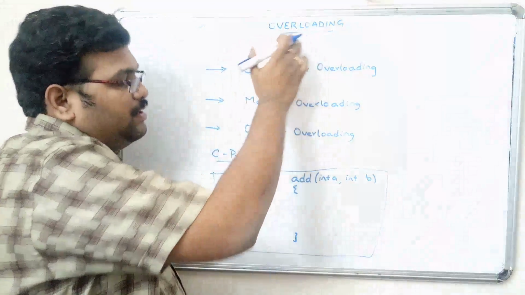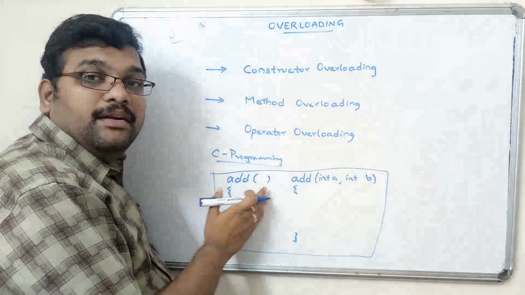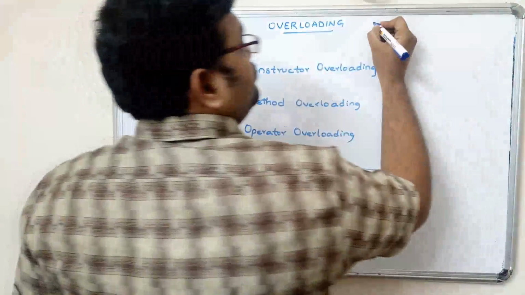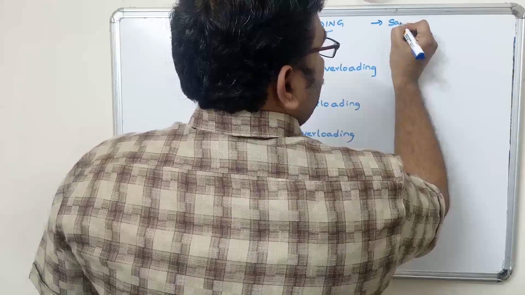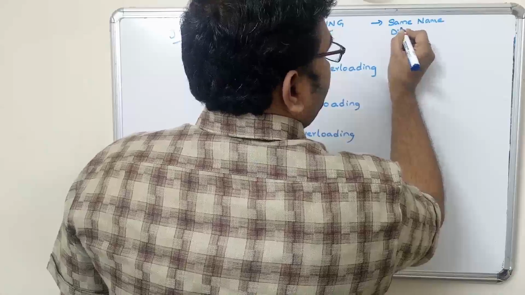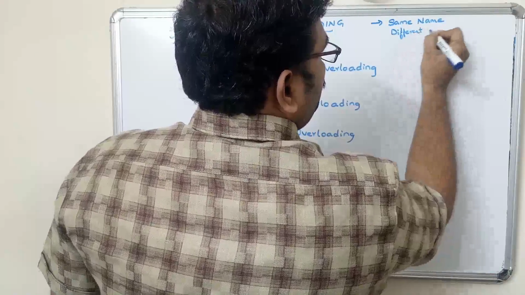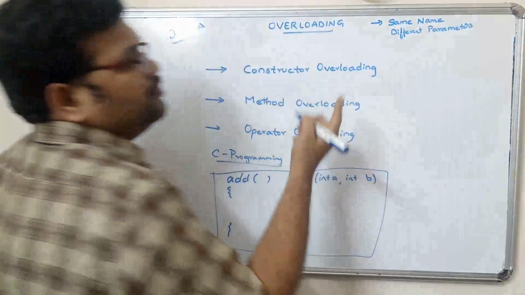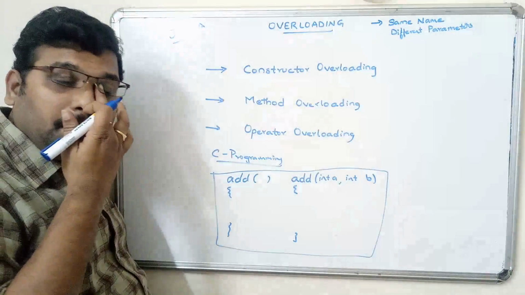So here the name will be same, but parameters will be different. Same name, different parameters. This is called overloading. Right?